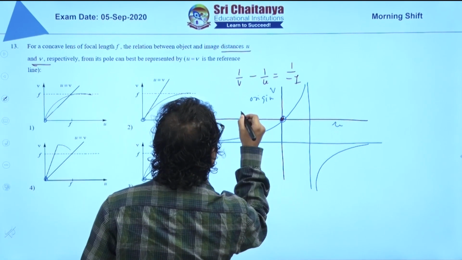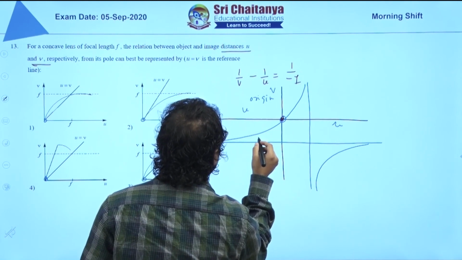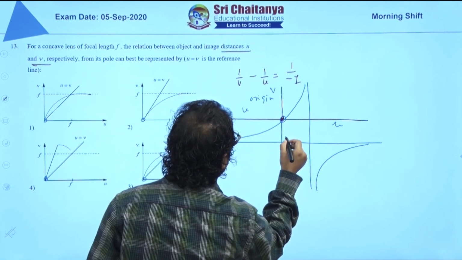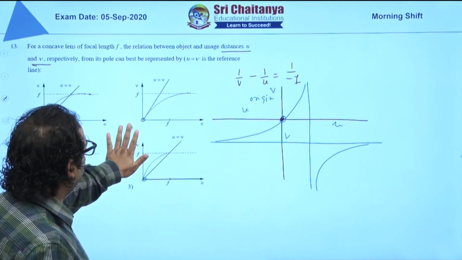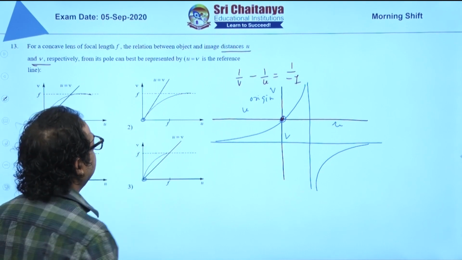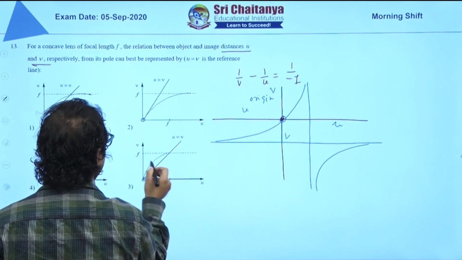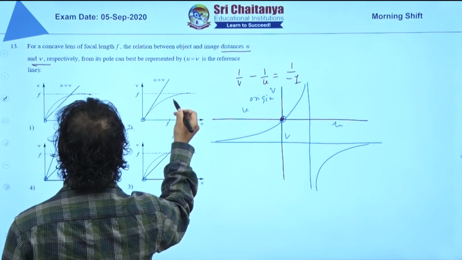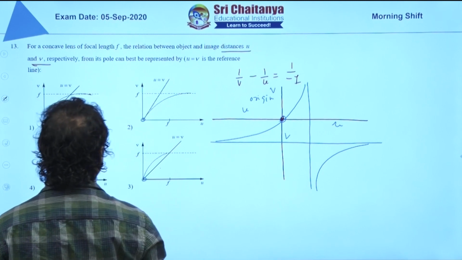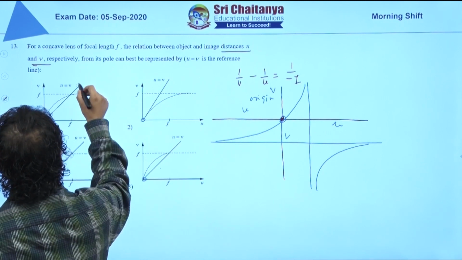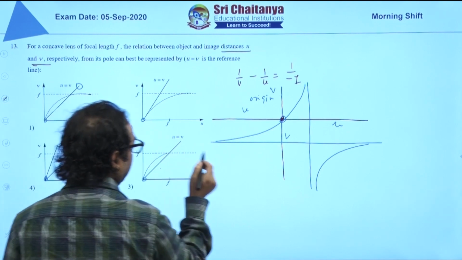This one is u, this one is v, and it is given with a positive side. The graph is approaching, but we need to check with u into v whether this one is crossing or not.